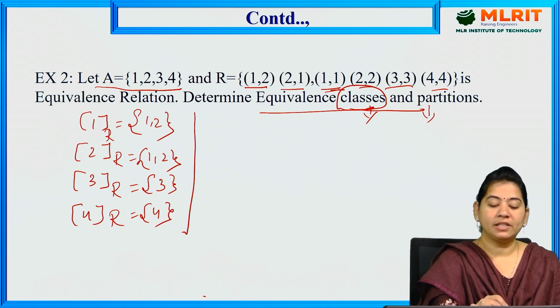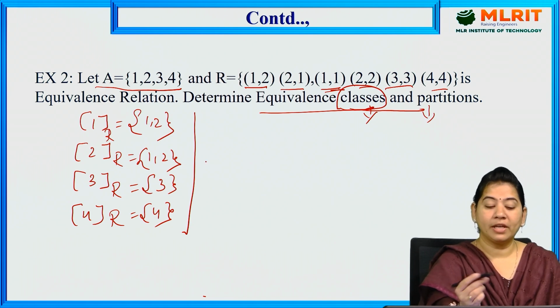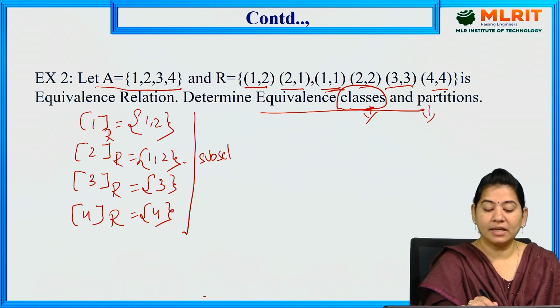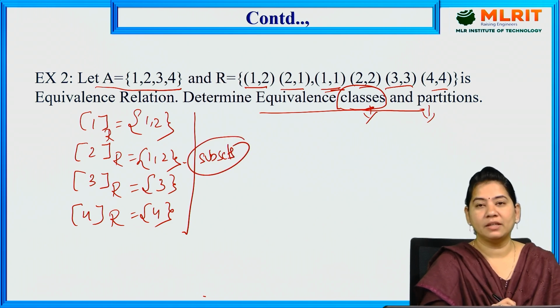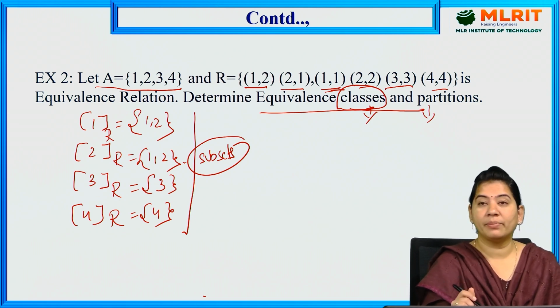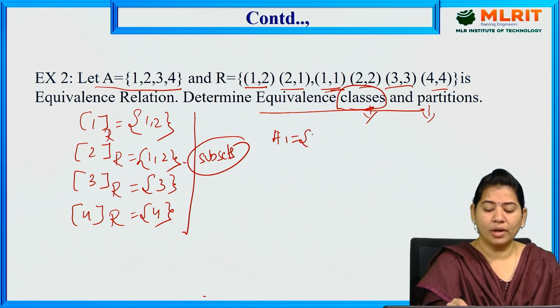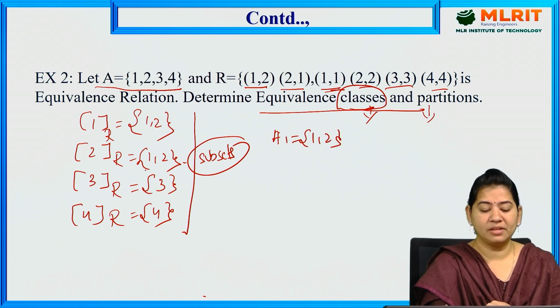Now these equivalence classes, we can assume that these are the subsets. Consider these subsets and check which subsets, if you form them, give the original set. That is nothing but finding whether the given A is a partition set or not. So for example, I am going to consider A1 = {1, 2}.